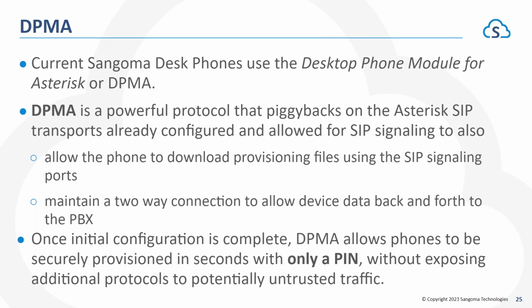It also allows you to use those transports to download phone provisioning files using SIP signaling ports, and to maintain two-way communication between the phone and the PBX. Once the initial DPMA config is done, phones are securely provisioned in seconds with nothing more than just the PIN, with no need to expose any additional protocols to potentially untrusted traffic.